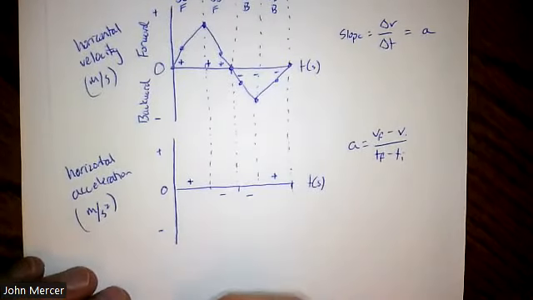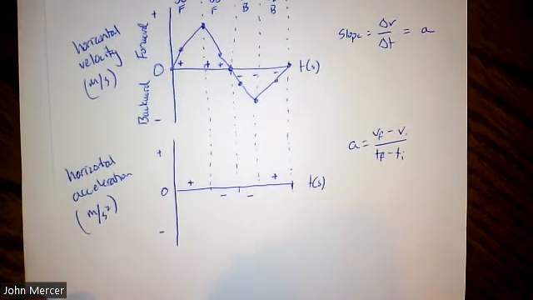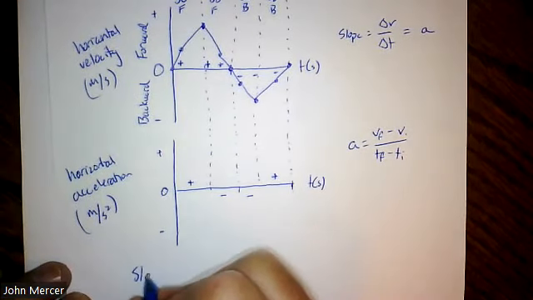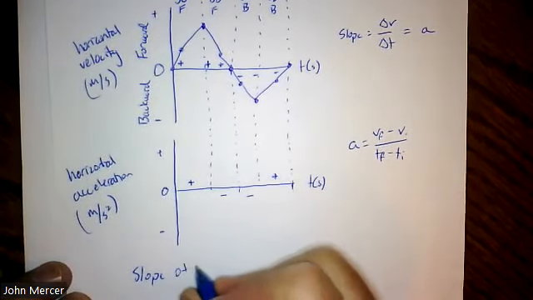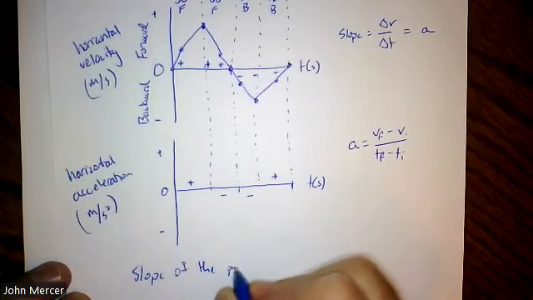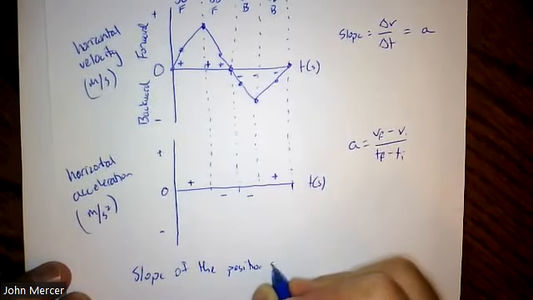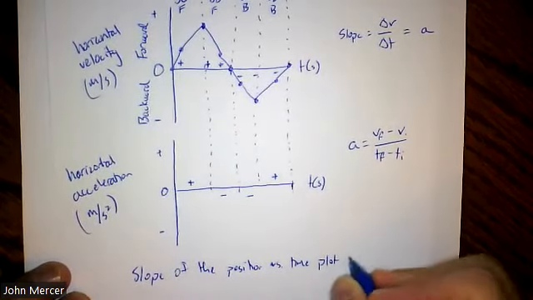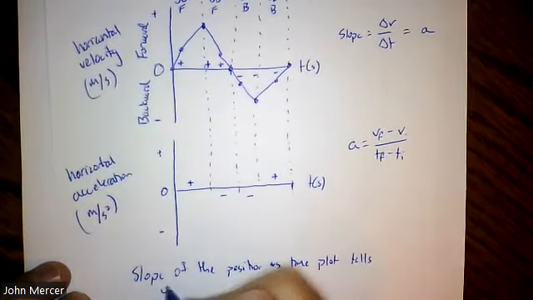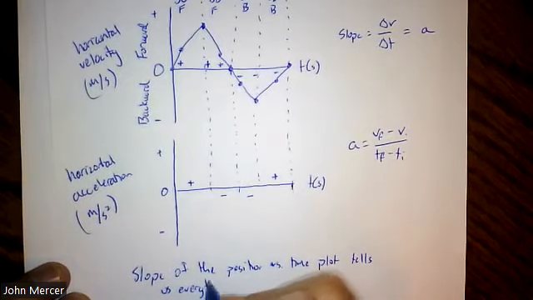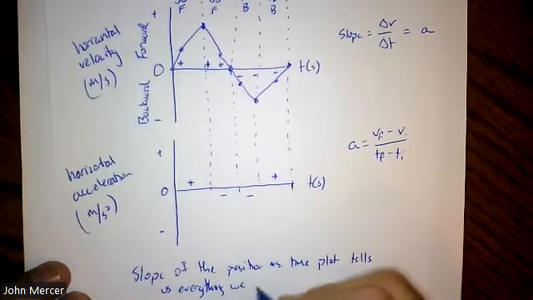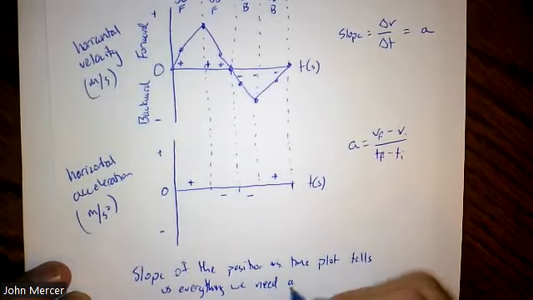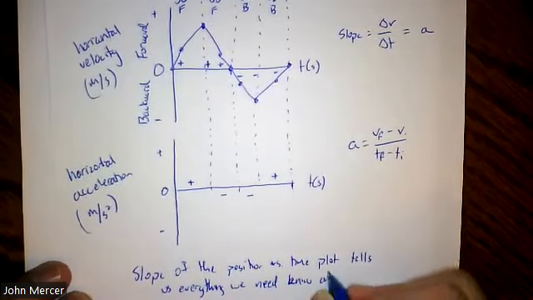Key points. The slope of the position versus time plot tells us everything we need to know about velocity.